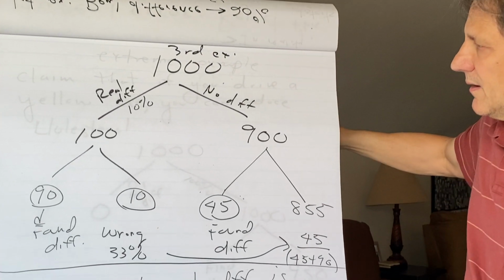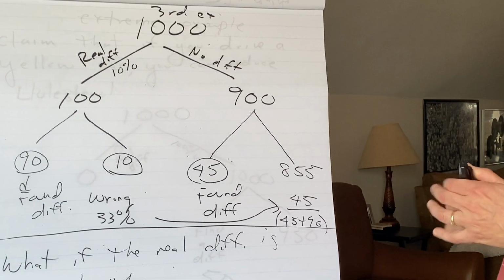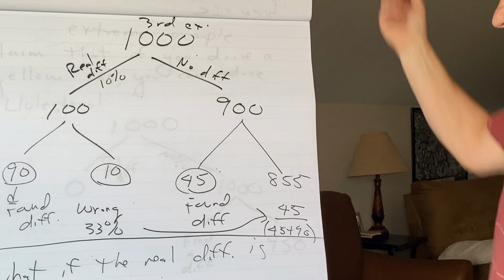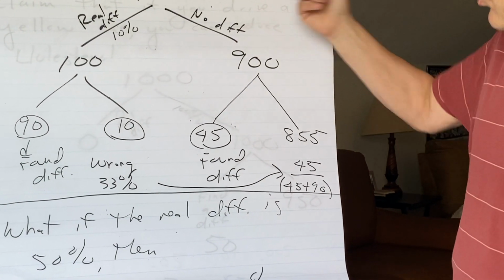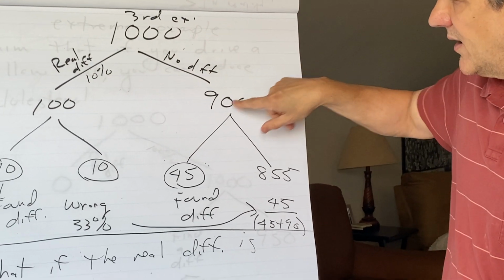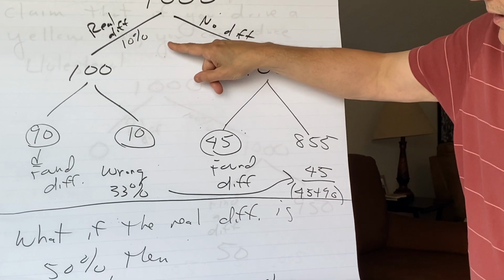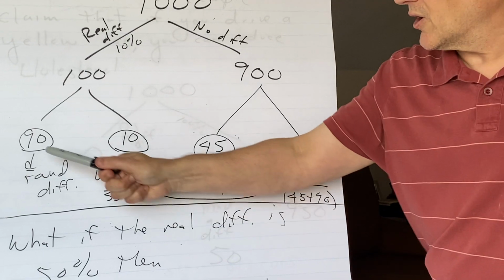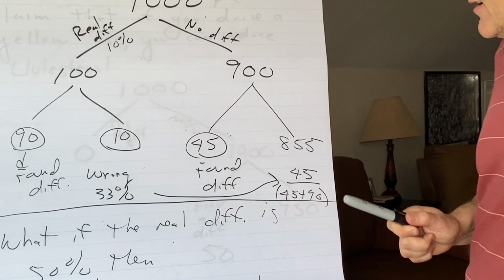Okay. This is just the third example. I wanted to put this on the board just to kind of clarify, very similar to the first example. So again, I already said 33% wrong. Why? Because again, doing the same thing, 10%, 90%, right? We get 100, 900. If we have a power of 90%, which was what the third scenario suggested, we are going to find a difference 90 times. 10 times we don't find a difference.